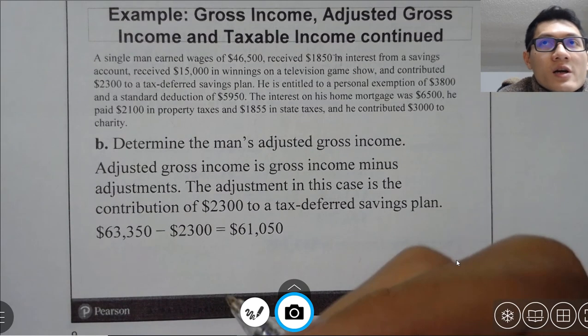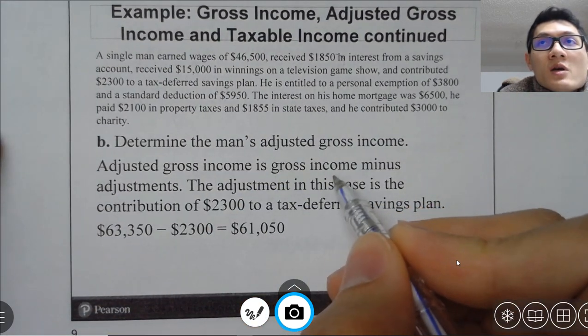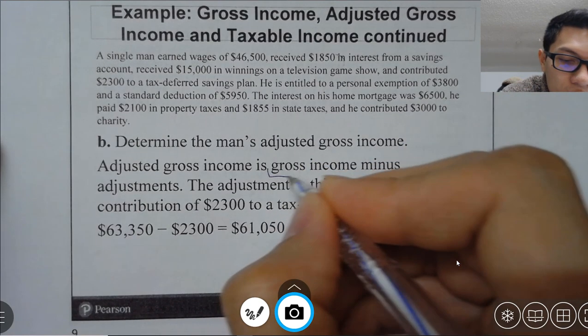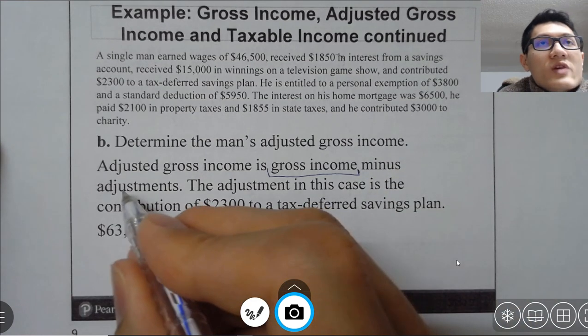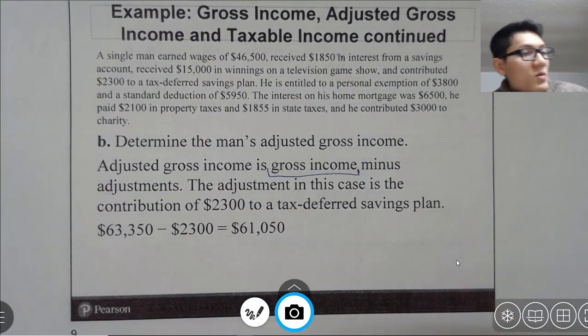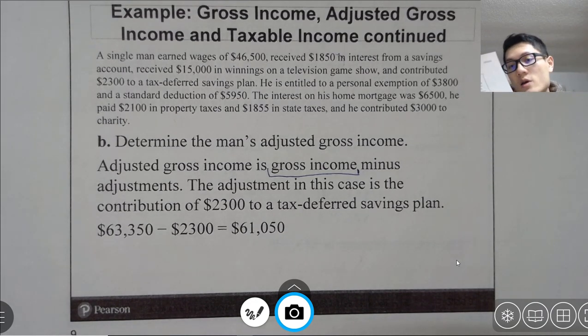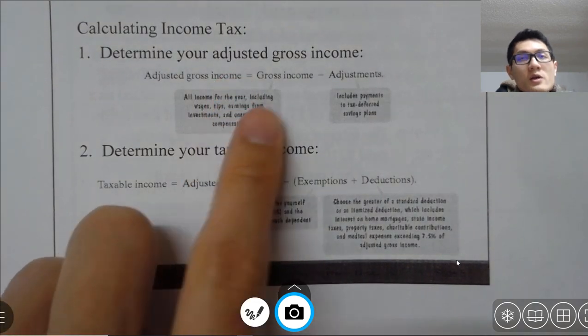The adjusted gross income is the gross income minus, so this is the total amount of money that he received, subtract the adjustment. That was the formula that we talked about on slide number 5: adjusted gross income equals gross income minus the adjustment.